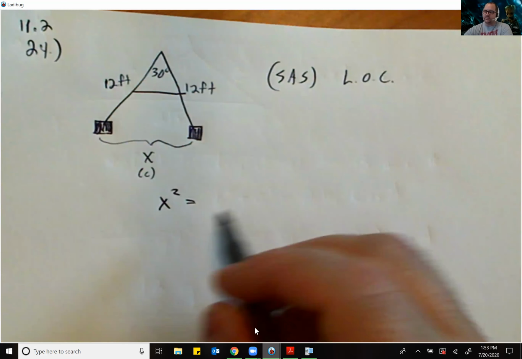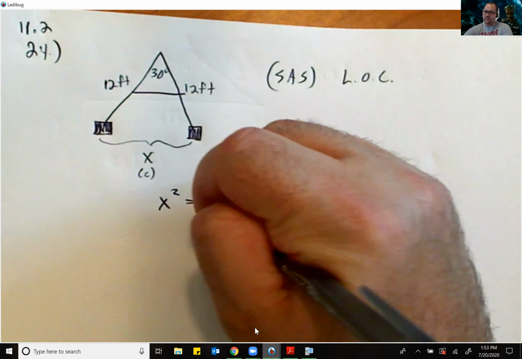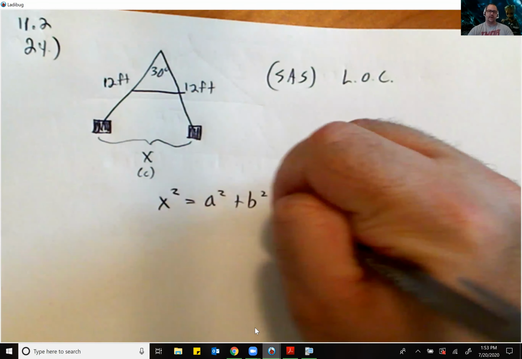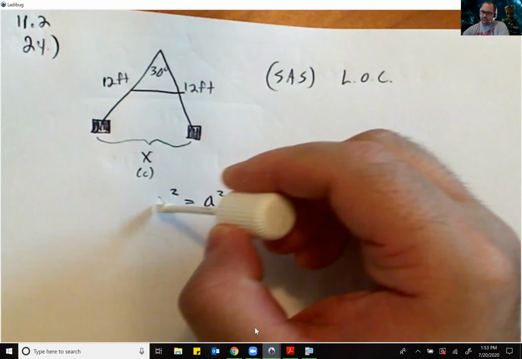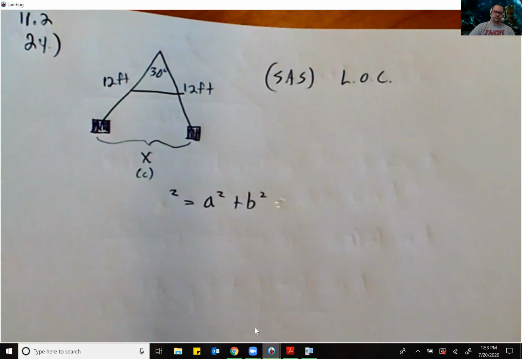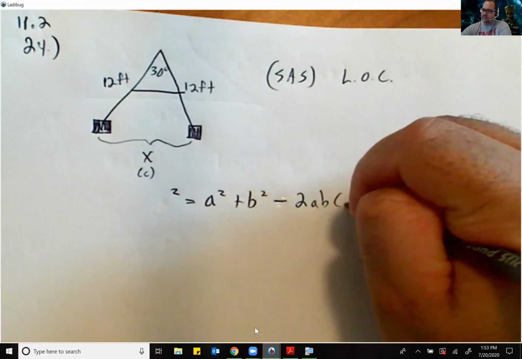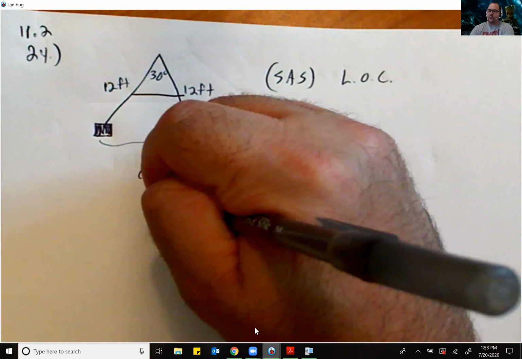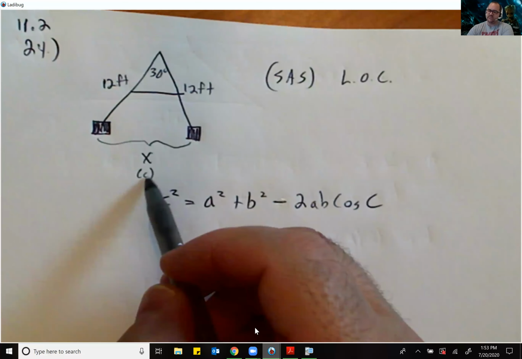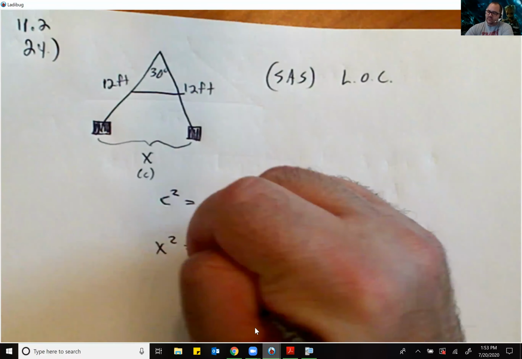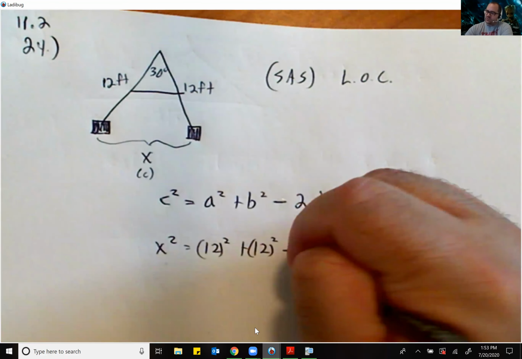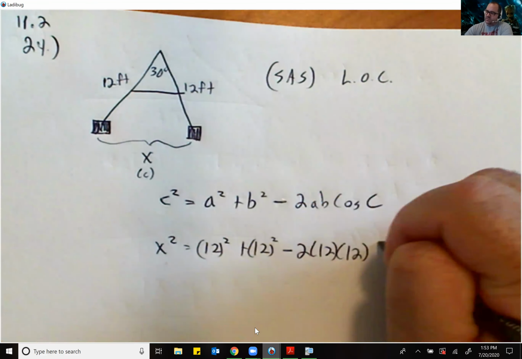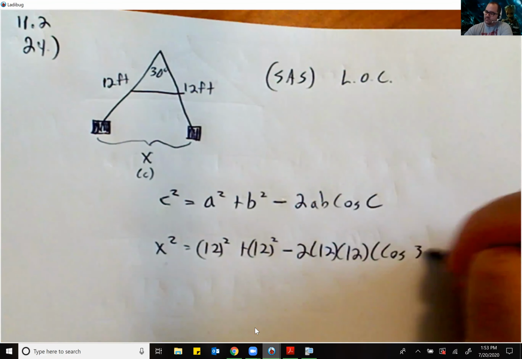So x squared equals a squared plus b squared minus 2ab cosine c. So there's our formula, and we're just going to let x represent the c. So x squared equals 12 squared plus 12 squared minus 2 times 12 times 12 times cosine 30 degrees.